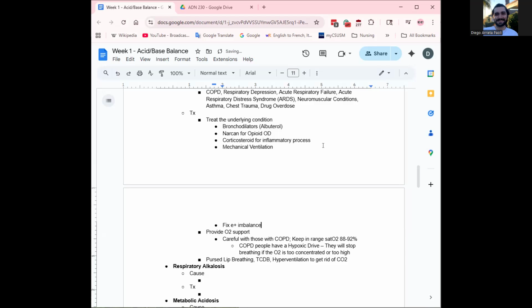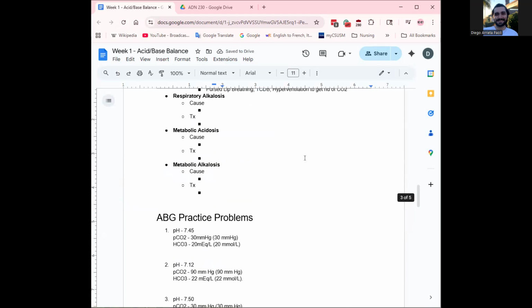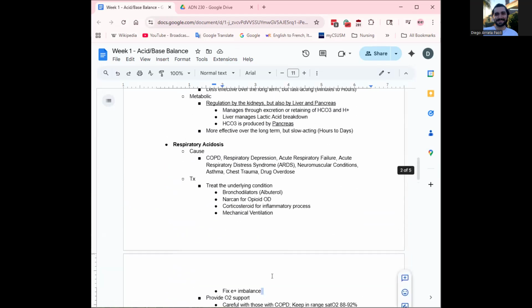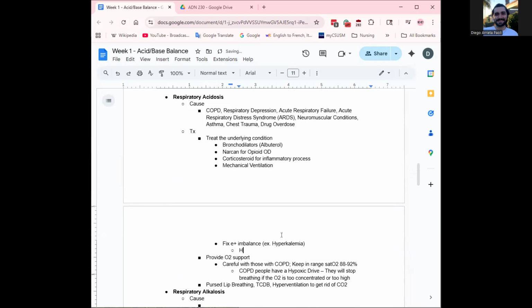This condition, respiratory acidosis, has the potential to lead to hyperkalemia because your acid ions flood into the cells and kick out the potassium.